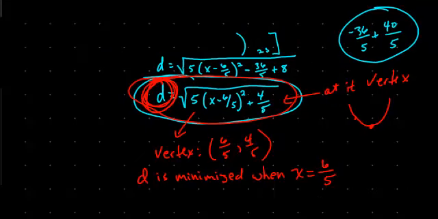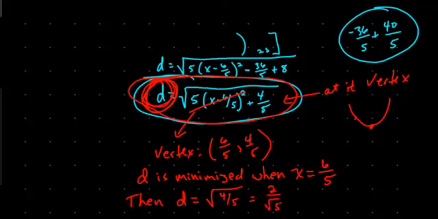And the actual distance at that point when d is minimized is going to be, so when x is 6/5, this whole term cancels out and we're just left with the square root of 4/5. So the distance d equals the square root of 4/5, which equals 2 over root 5.